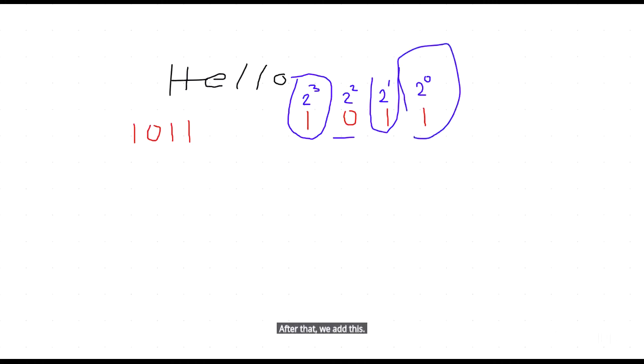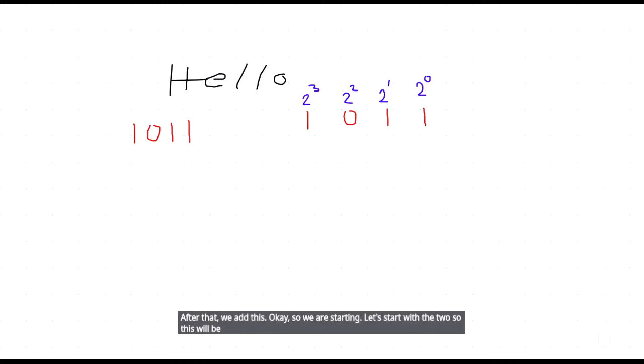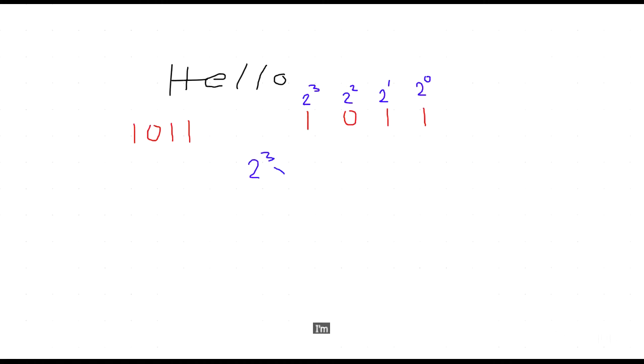Okay, so we are starting. Let's start with the 2. So this will be 2 raised to power 3 times 1, I'm just taking my time to show this clearly with colors. It's not easy from my own side.